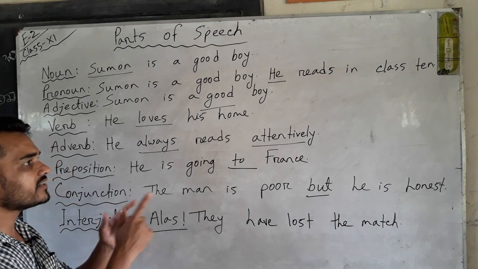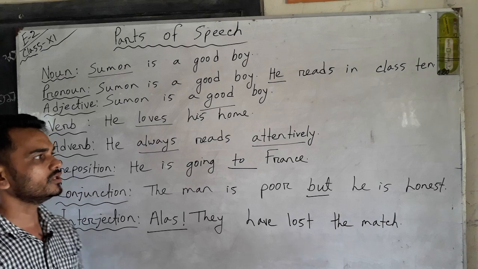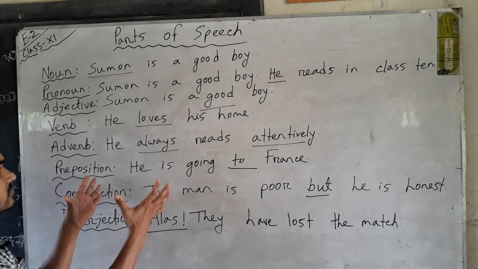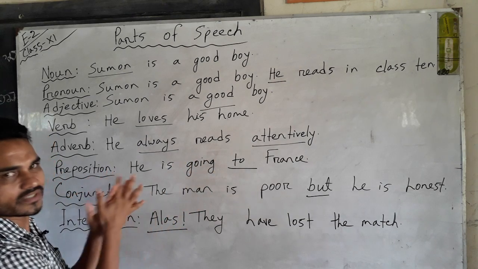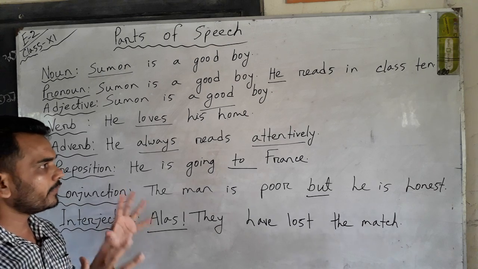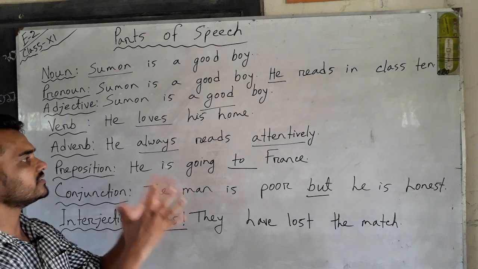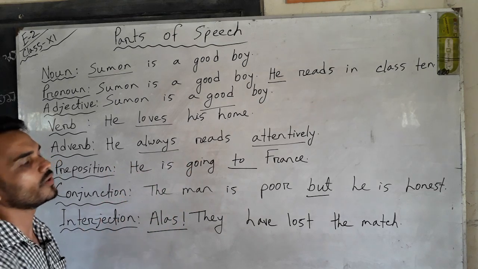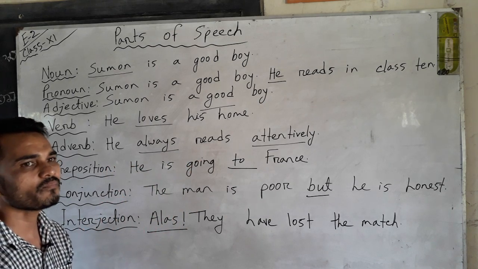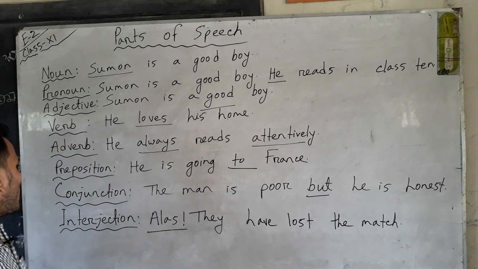Here the word France is a noun and the word to is a preposition. These are other words in the sentence. Here the word to makes a relation between the word France and other words, he is going. So it is a preposition used in this sentence.